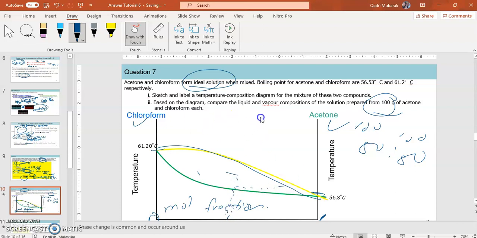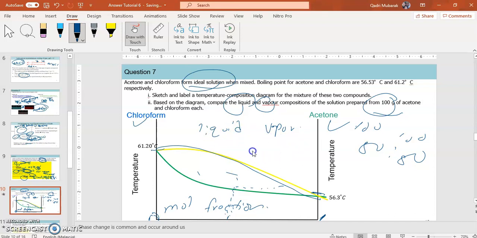Okay, so the answer is you need to determine which composition is more, liquid or vapor. I leave this question for you. You can refer, you can Google, or you can discuss with your friends how to determine the liquid or vapor composition.